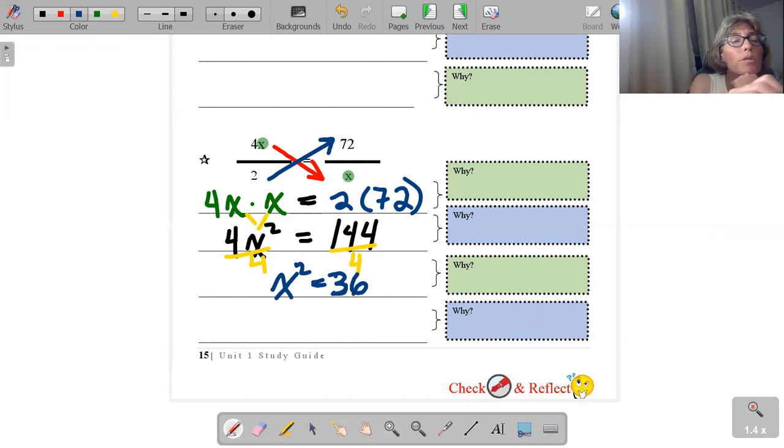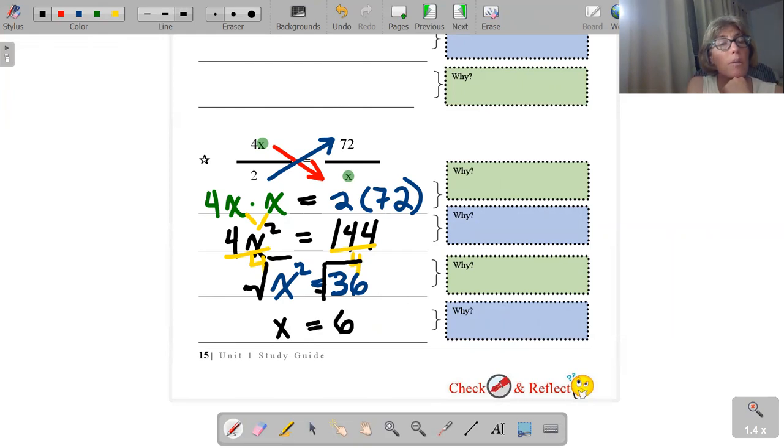It's going to be the square root of 36. The opposite of squaring is square rooting. And you end up with x equals 6.